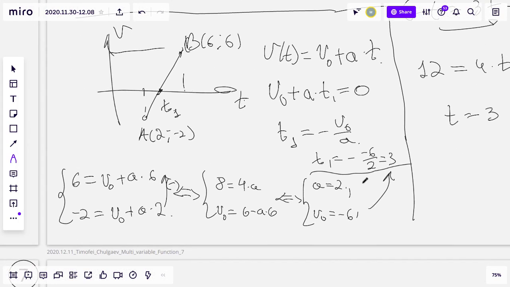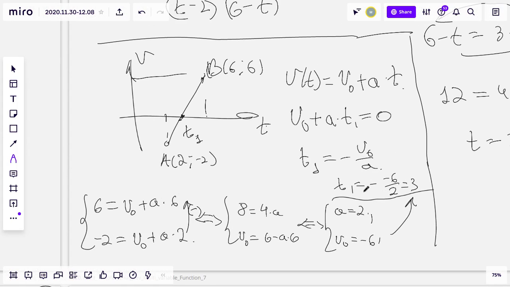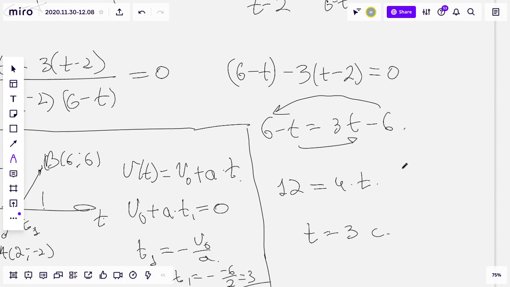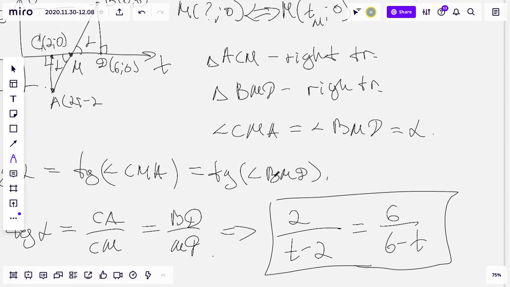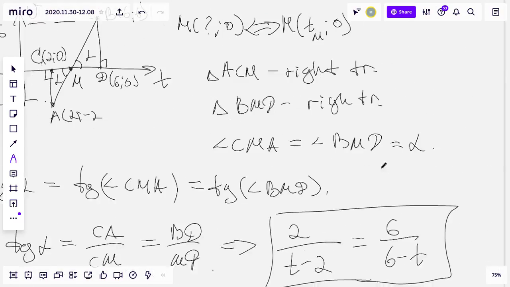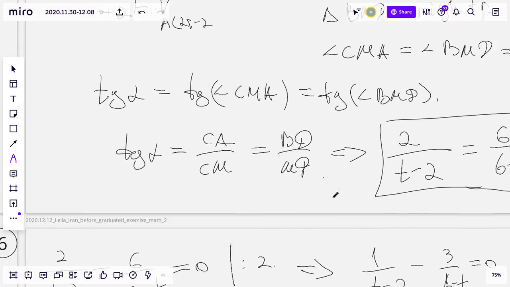I think this solution is more common and more general than considering two particular triangles. That is not general.